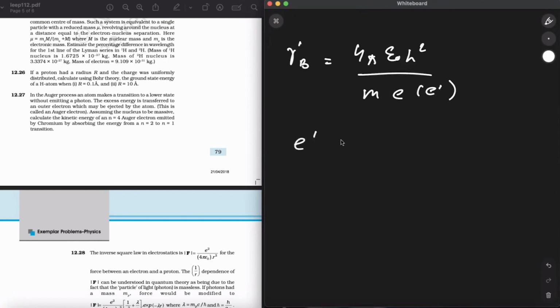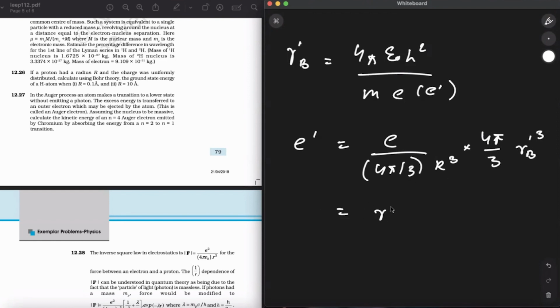So e dash can be written as e upon 4 pi by 3 r cubed into 4 pi by 3 rb dash whole cubed. So I can write it as r dash b cubed divided by r cubed.